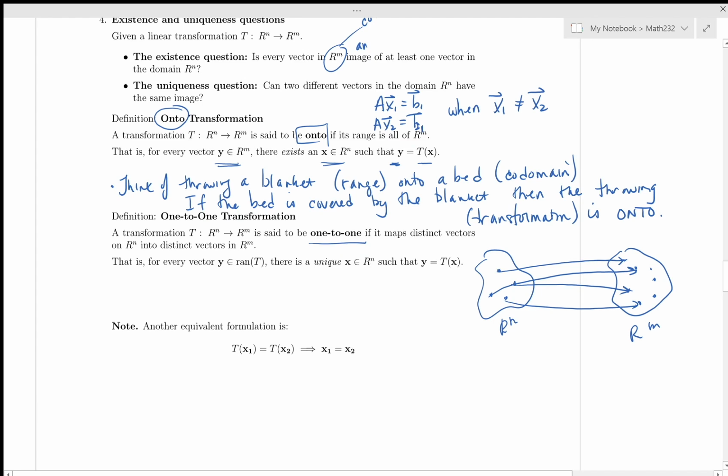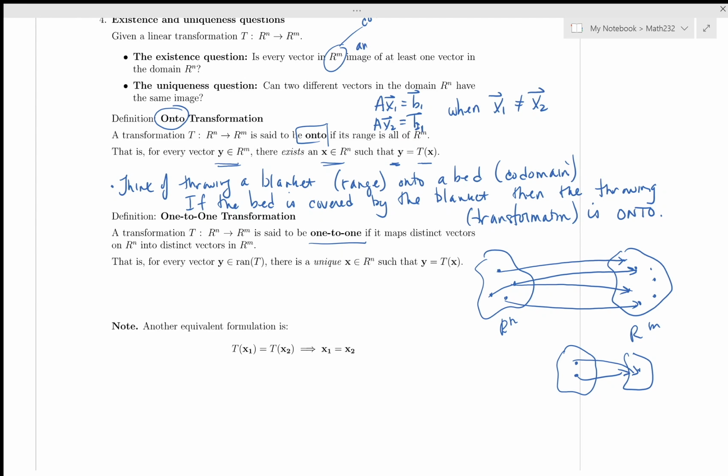In the one-to-one model, we do not have this situation, where two of them go to the same one. That would be not one-to-one.